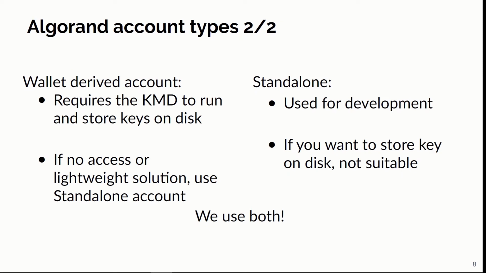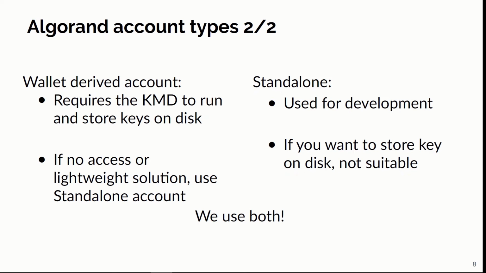The second big difference between these account types is that the KMD creates the private and public key, and the private key is stored on the disk in an encrypted form. When we want to use it, we have to provide the passphrase to decrypt the private key and use it for signing. On the other hand, the standalone account is not stored anywhere, it's just used once when we want to use it, and we always have to keep this 25-word passphrase in mind.